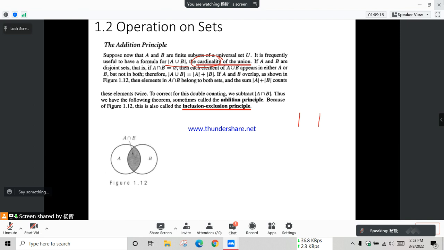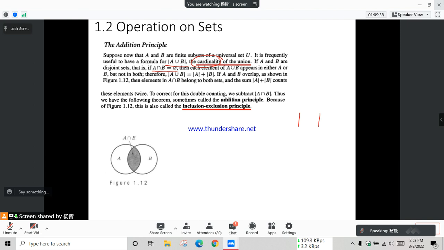Okay, if A and B are disjoint sets, it means there is no common element between these two sets. So the intersection of these two sets is empty because they do not have a common element.